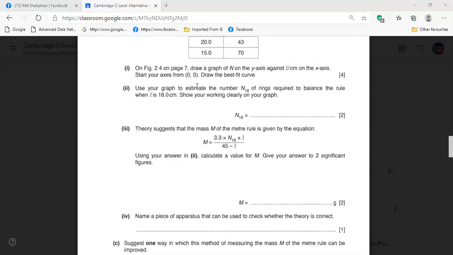Now also calculate M. Using the formula, you calculate L. I got Abir's one.